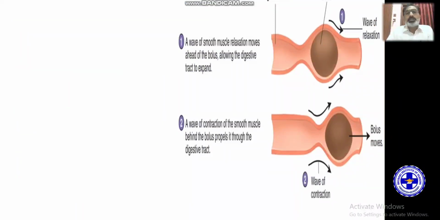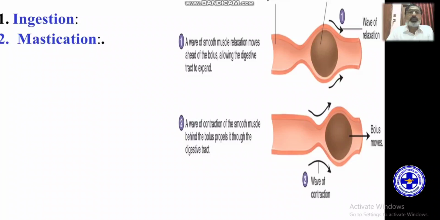The functions of the digestive system. First of all, ingestion. Before ingestion, we can think that selection is also a function of the GIT system, but after selection we ingest the food. So ingestion is the first function, and then after ingestion comes mastication.